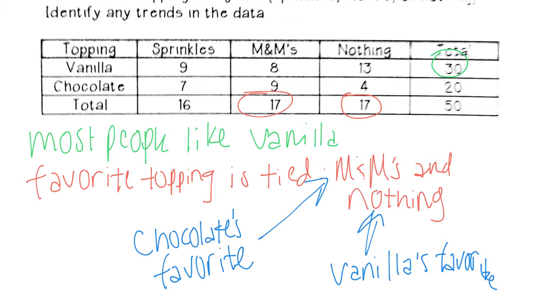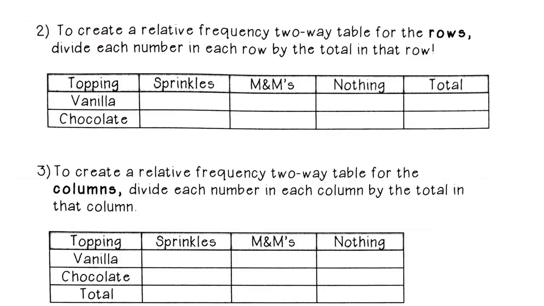So if we look at question number 2, question number 2 says to create a relative frequency two-way table for the rows. So remember, rows go across from left to right, all right? Then we need to divide each number in each row by the total in that row.